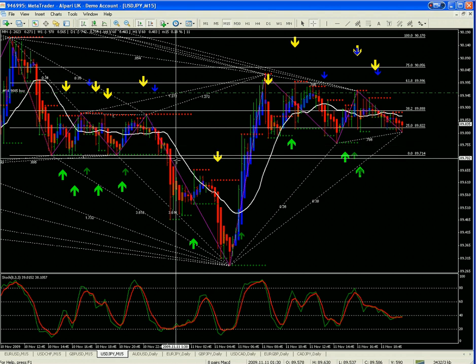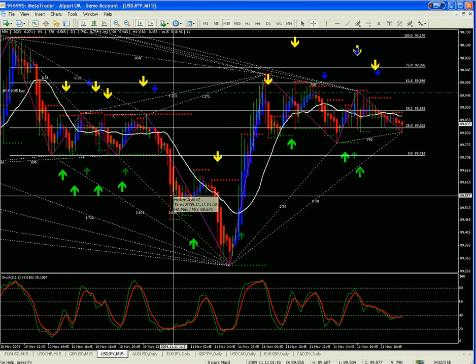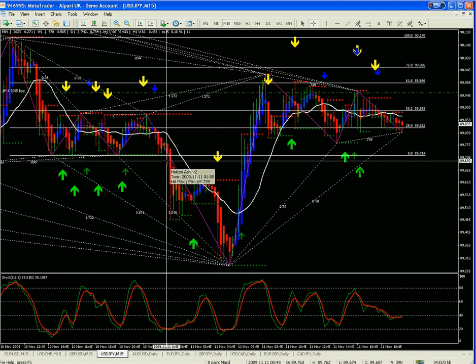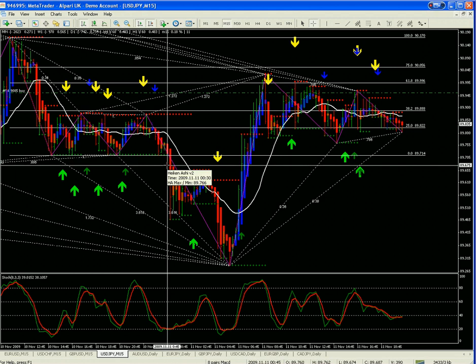Let's see, how many dollars would we have got out of that trade? Let's say we entered at the bottom of that candle to the next major fractal low. That's 390 pips. Big trade.